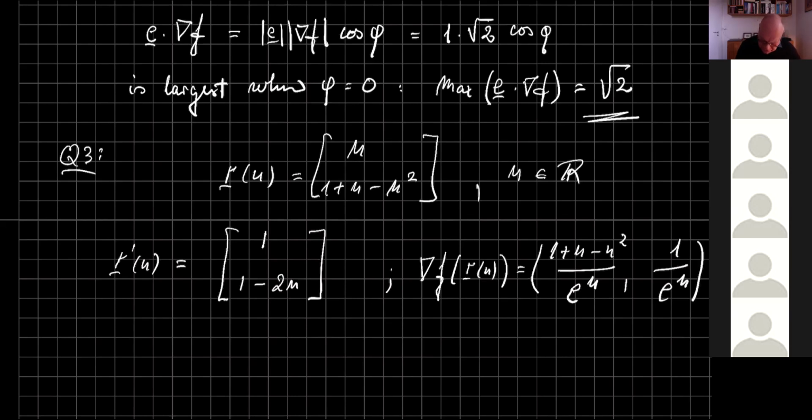So in order for the tangent vector to be orthogonal to the gradient, their dot product must be 0.